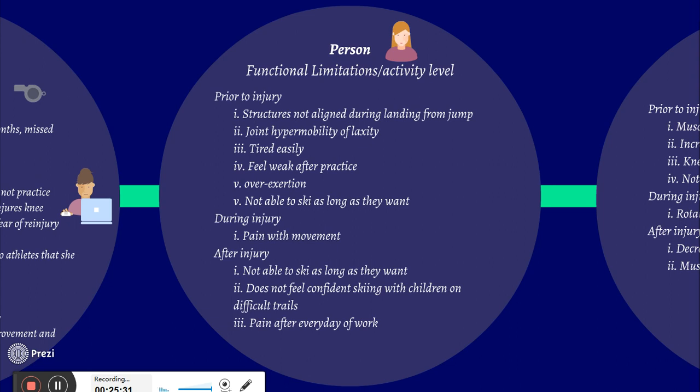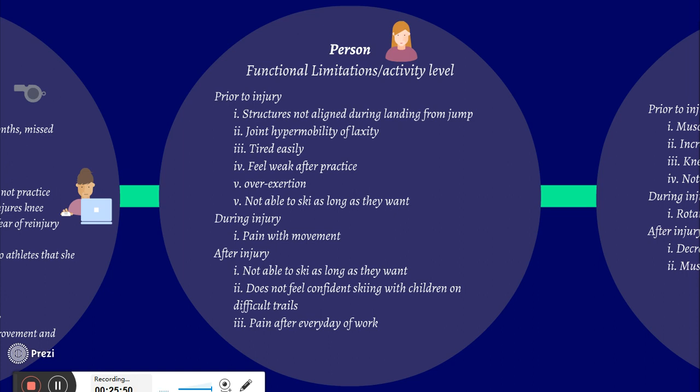We're looking at the person level, or the functional limitations activity level. This is when, in the screening, you could see maybe that the structures were not aligned while landing from a jump, or that she has some joint hypermobility.